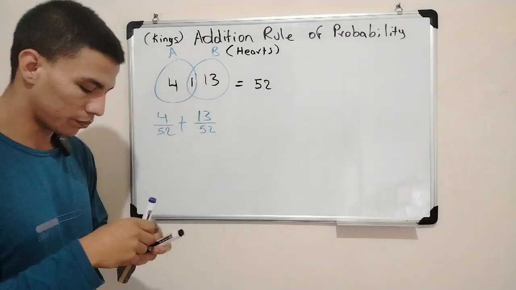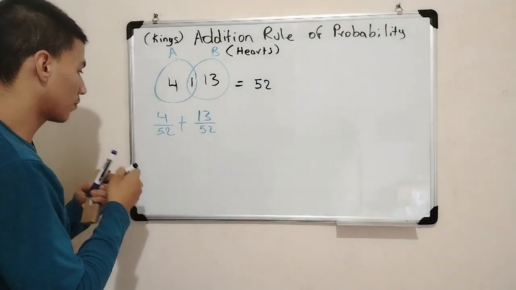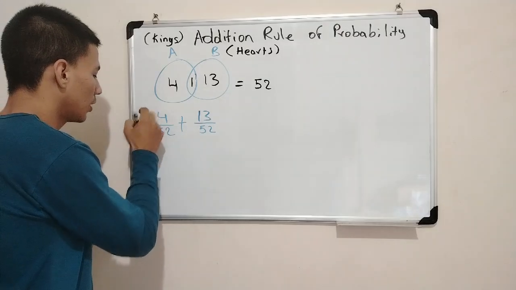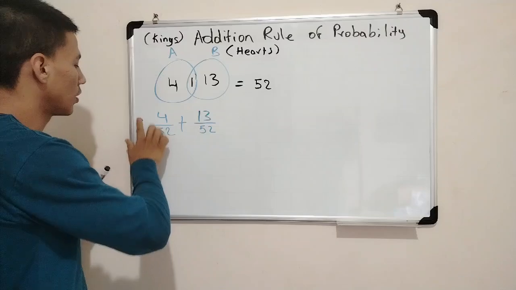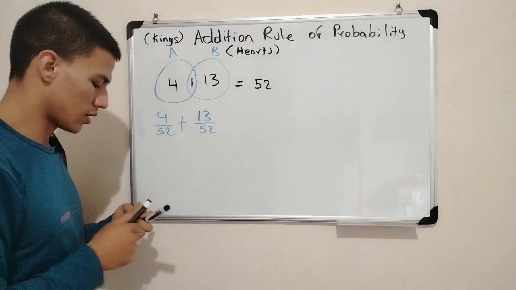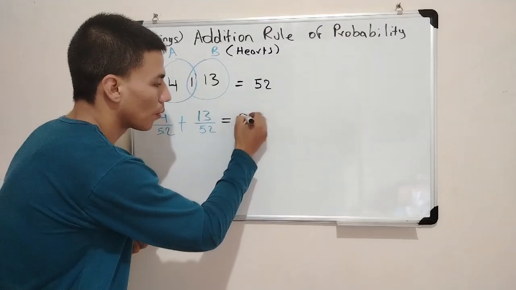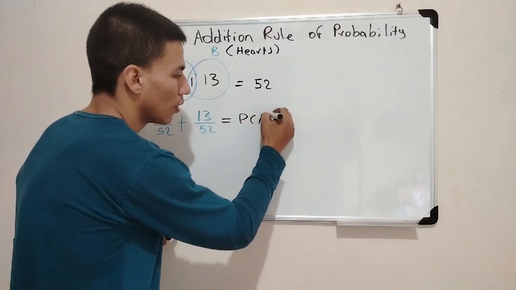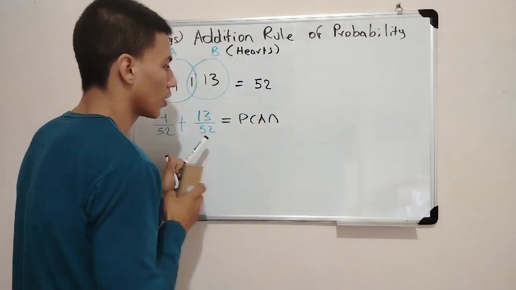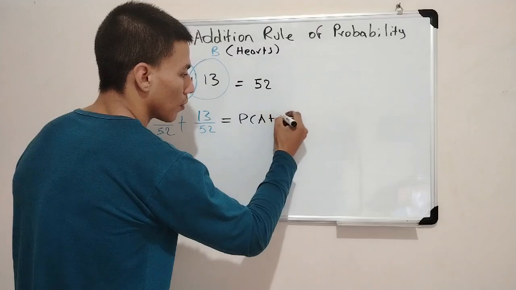In this simple expression, we have the probability of A or B. Let's write it in this unconventional way: probability of A, not united, plus the probability of B.